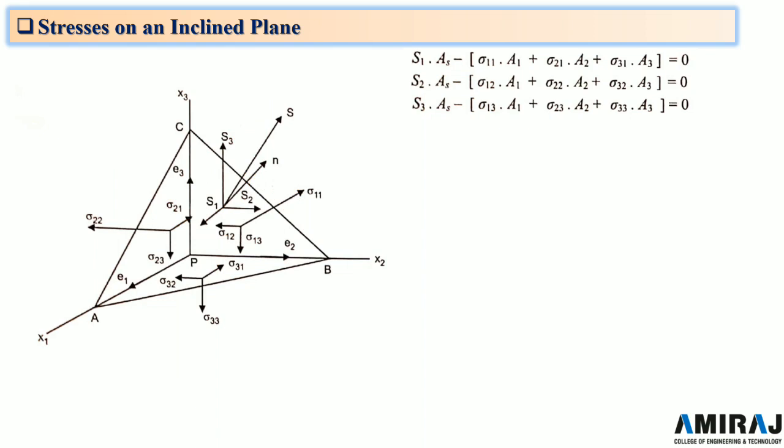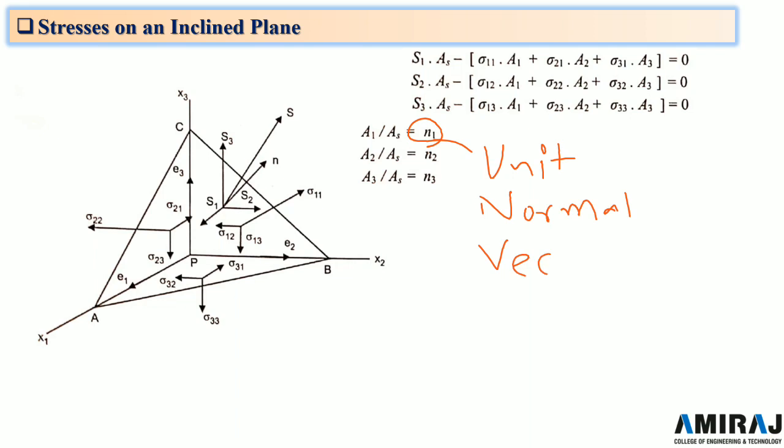Now the areas AS, A1, A2, A3 and the components of the unit normal vector are related by this equation: A1 by AS is equal to n1. These are the components of the unit normal vector.